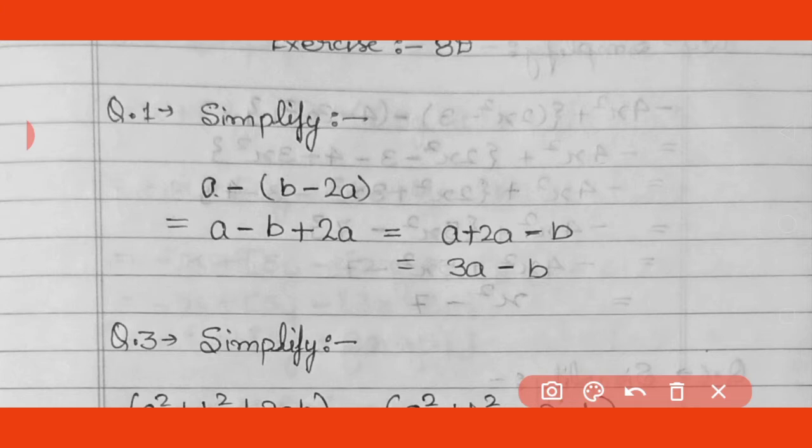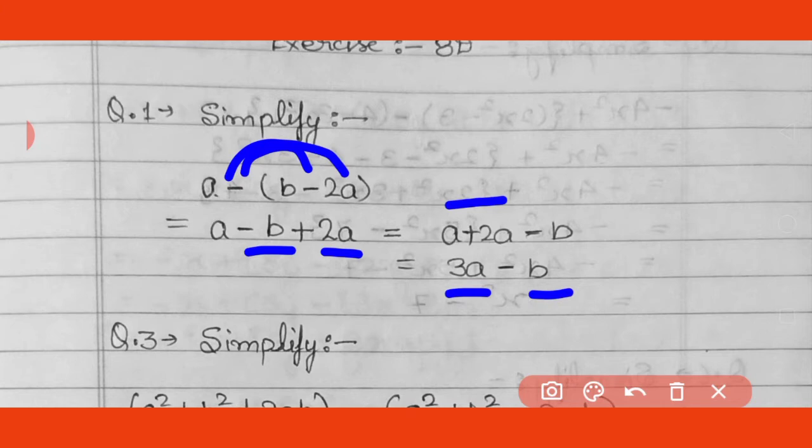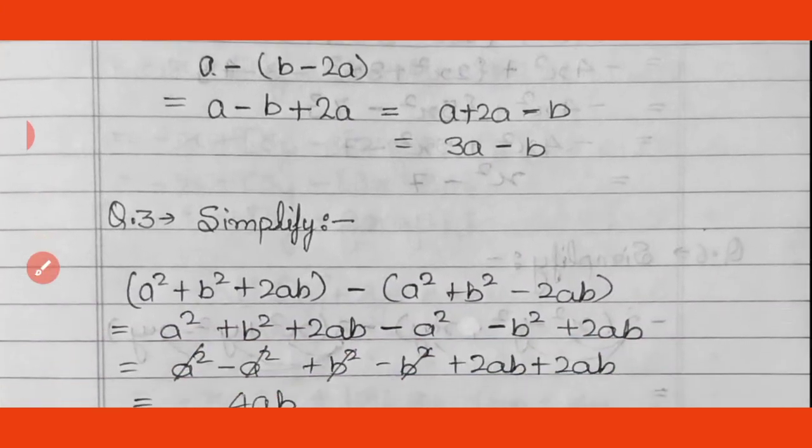So plus b becomes minus b and minus 2a becomes plus 2a. Here we put together the like terms: a plus 2a minus b. a plus 2a can be added and it becomes 3a, and minus b. Now these are unlike terms, so they can't be added or subtracted.